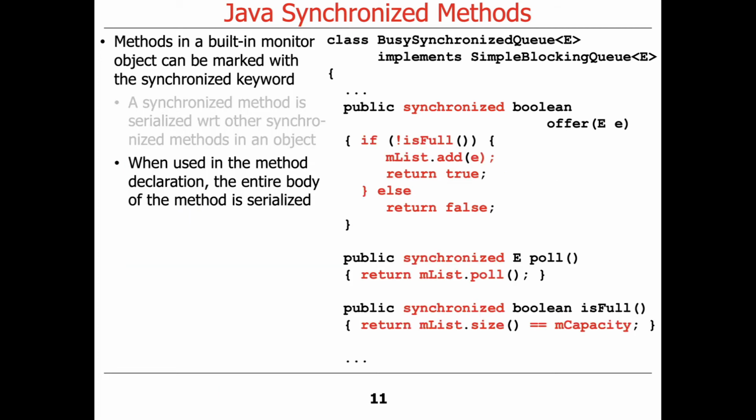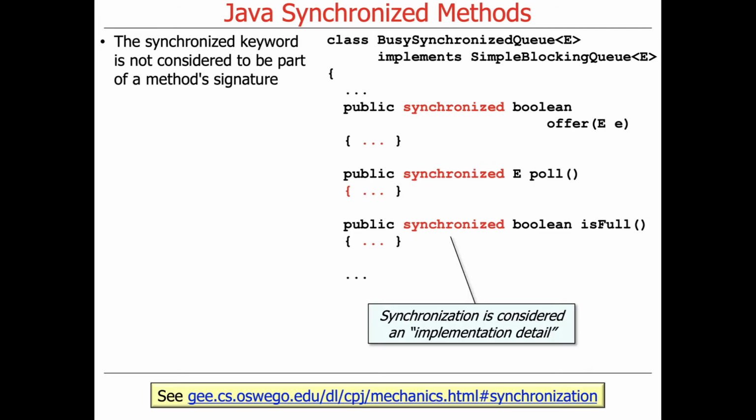When you use synchronized in the method declaration, as we do here, the entire body of the method is serialized, from the open to the closed curly brace. Interestingly enough, the synchronized keyword is not considered to be part of a method's signature. It's considered to be part of the method declaration, but not its signature. What the heck does that mean? It means that synchronization is considered an implementation detail, not an interface property.